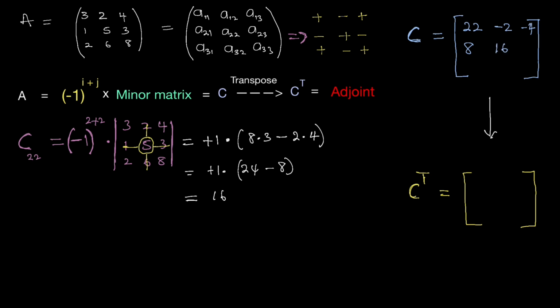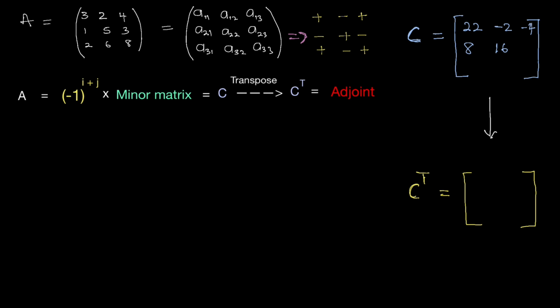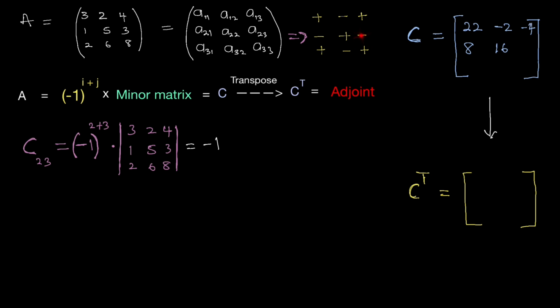Now I need to find the cofactor element of 2, 3. The cofactor element 2, 3 would be 2 plus 3, that's an odd number, that's 5, minus 1 to that power, so the sign is minus 1, times, that's element 2, 3. Draw a line horizontally and vertically, and any element not on the line will be the minor matrix, and we need to find the determinant of that minor matrix.